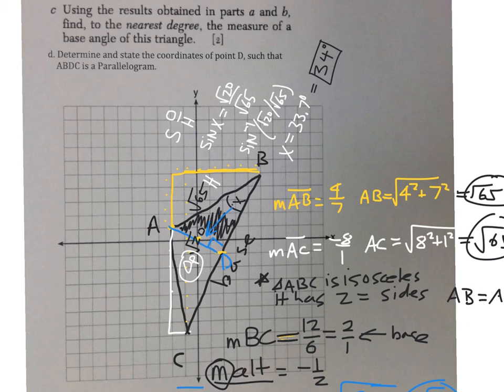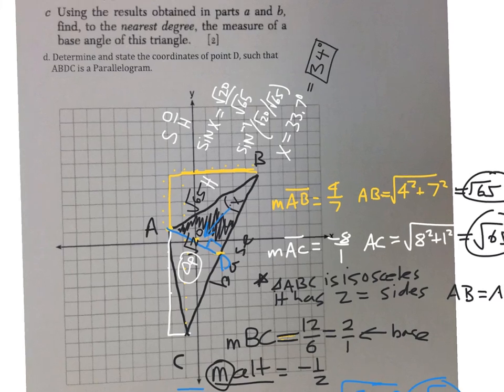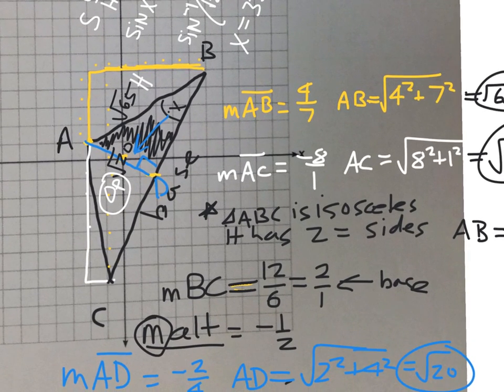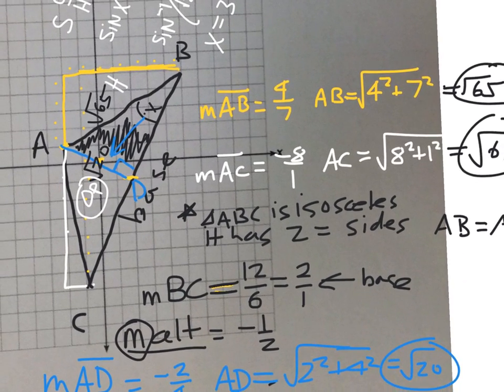Wow, this picture is getting very messy as I go through this, even though I'm being very organized. So this last question is asking where would point D have to fall so that this whole shape becomes a parallelogram. Well, I know the slope here is up 4 over 7. So the opposite side would also have to have a slope that's up 4 over 7.